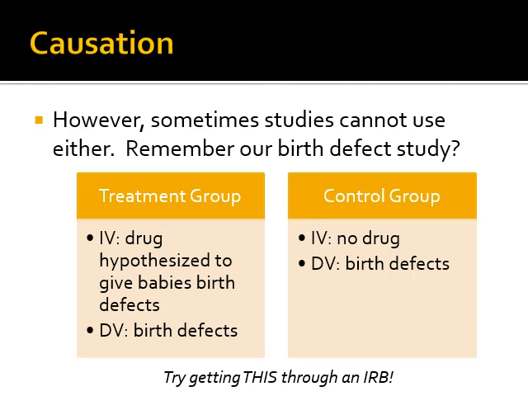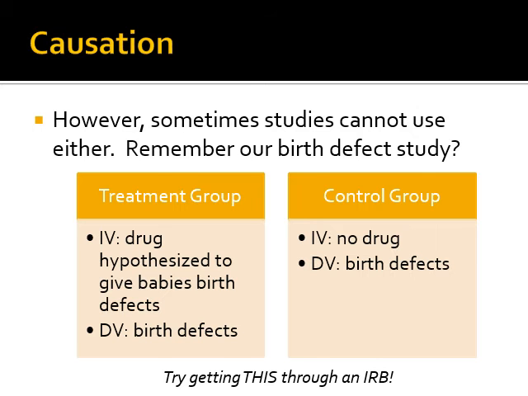That study is difficult to even get through any kind of an IRB, because essentially you're telling your participants, by participating in this study, you are exposing yourself to harm. That there's a great likelihood that you're going to be harmed or a loved one will be harmed by participating. So in a study like this, we cannot really have a true experimental design in order to look at the relationship between the drug and birth defects.